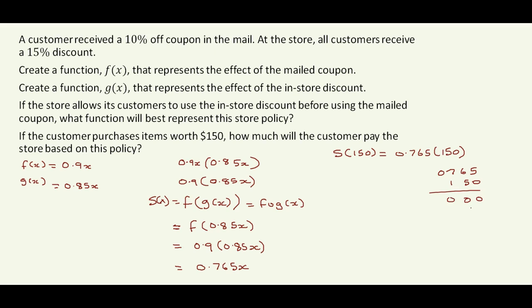5 times 5, we have 25, we bring 2 up here. 6 times 5 is 30, we add 2, 32, and then 7 times 5 is 35 plus 3, we have 38, and then let's append a 0 here. 5 times 1, we have 5, 6 times 1, we have 6, 7 times 1, we have 7.